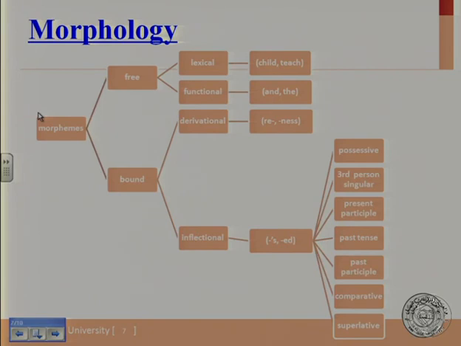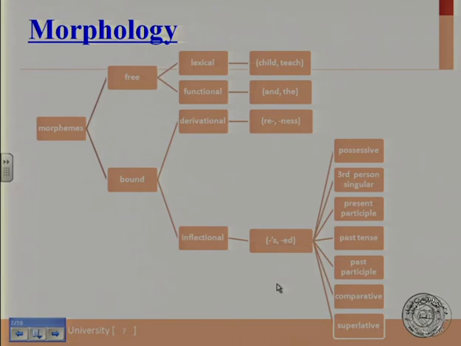Now the second category of bound morpheme is inflectional, and we have some examples here. It could be the plural S, or it could be a possessive S, or the ed form. Here I have mentioned the inflectional morphemes, and we say that in English we have 8 inflectional morphemes.